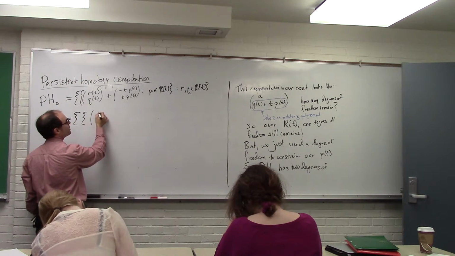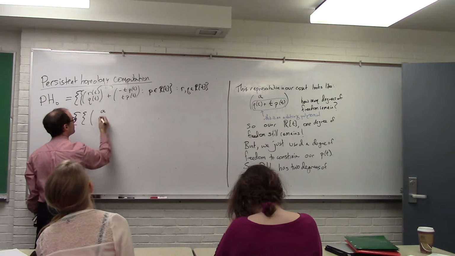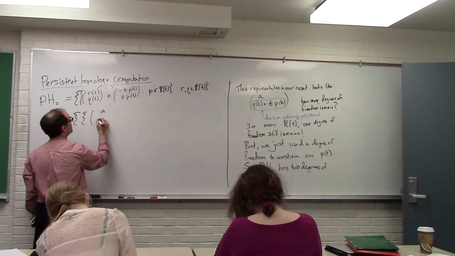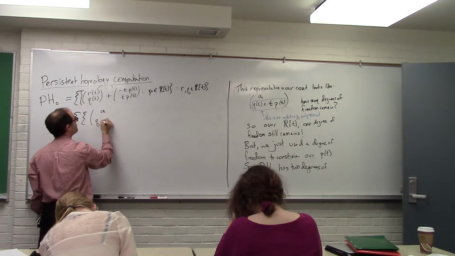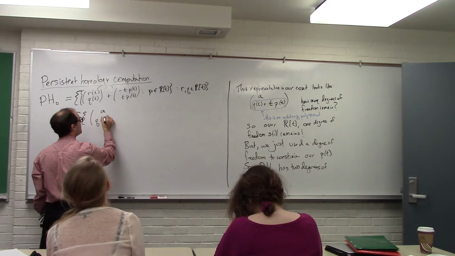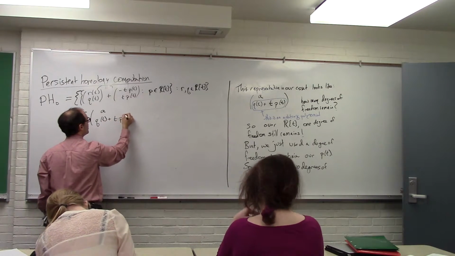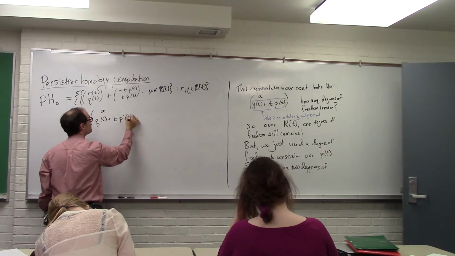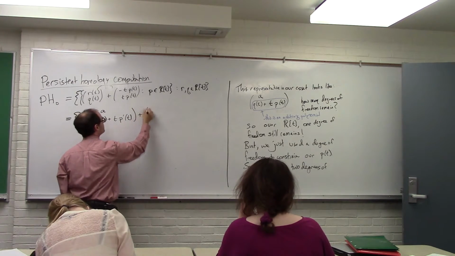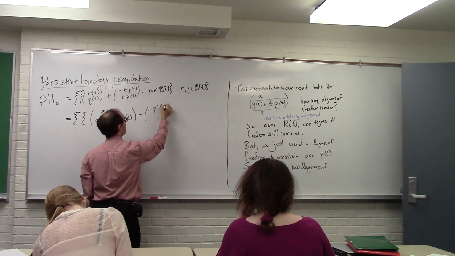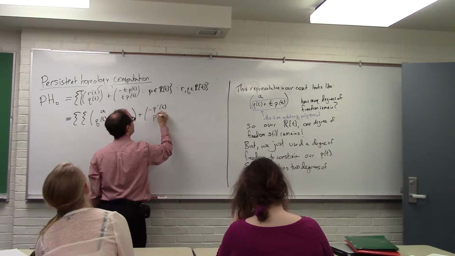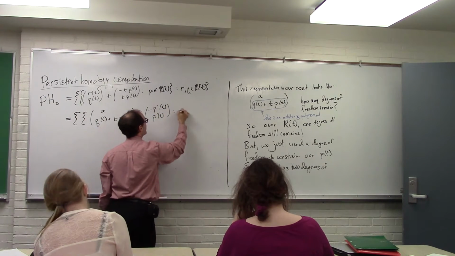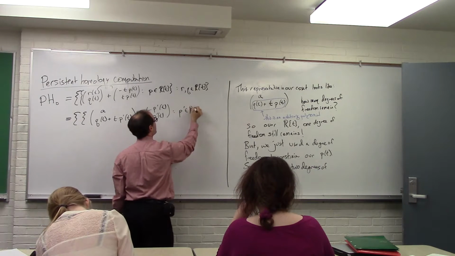So, choosing a different P now, Q of t plus t, P prime of t. It's a different P. Now parameterized over P prime.